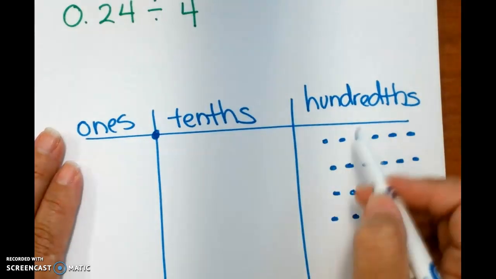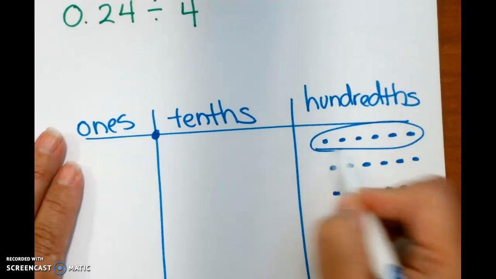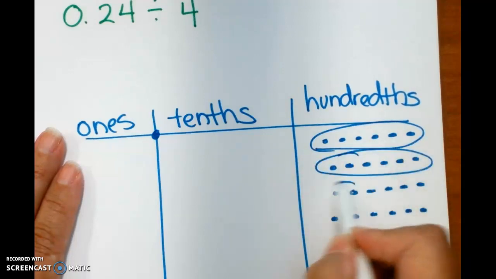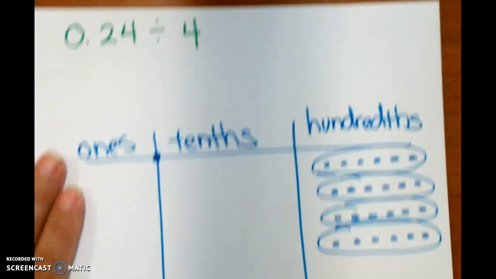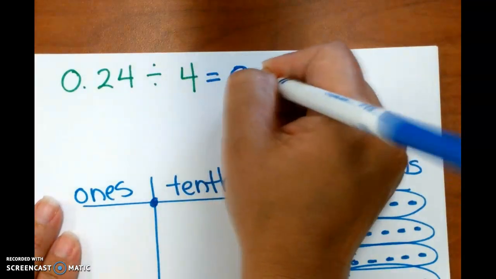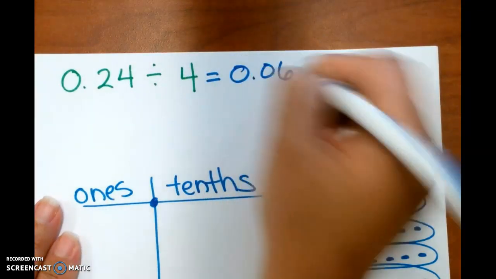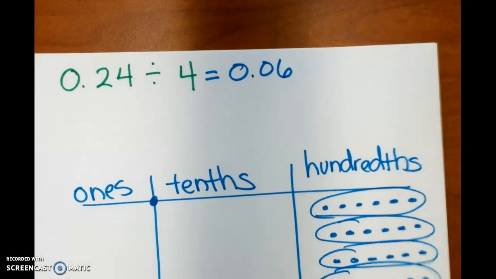So 4 groups is going to be 6 hundredths in each group. So 24 hundredths divided by 4 equals 6 hundredths. We know that 4 times 6 is 24, so there we go. All right, we got this.